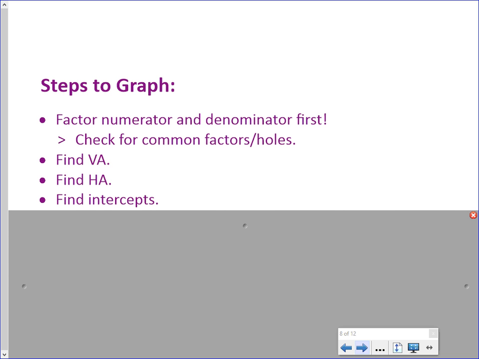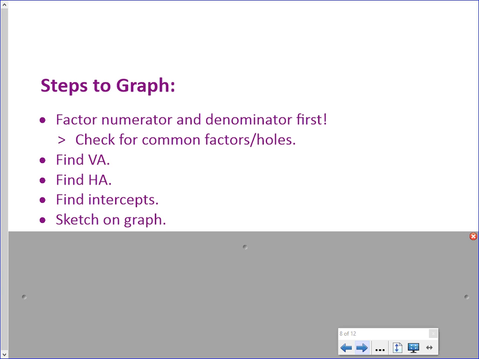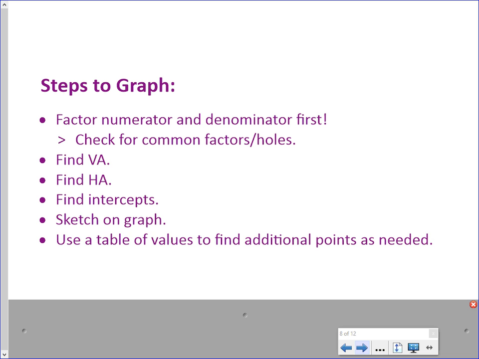After you've looked for holes, you found your asymptotes, you found your intercepts, then I would start sketching those things on the graph. When I do my example, I'm going to do it at the same time. So if I find an asymptote, then I'm going to draw it right away. The last step I have, just to ensure that you have pretty nice graphs, get a few extra points if you need them.